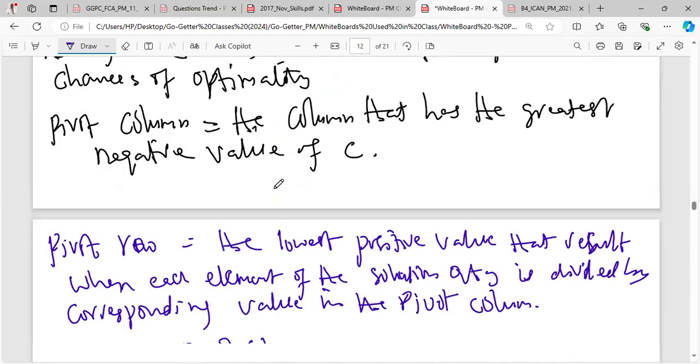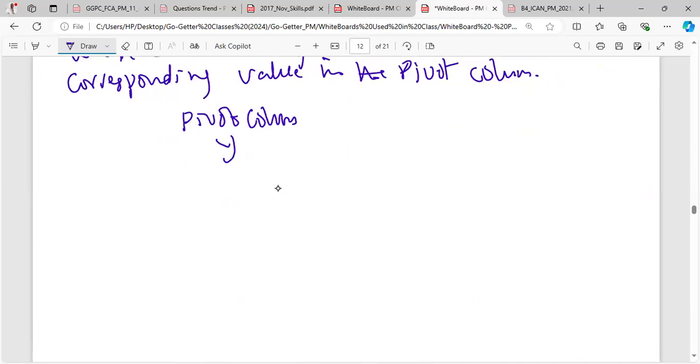This is our basic variable, and sorry, the basic variable should be here, not here.